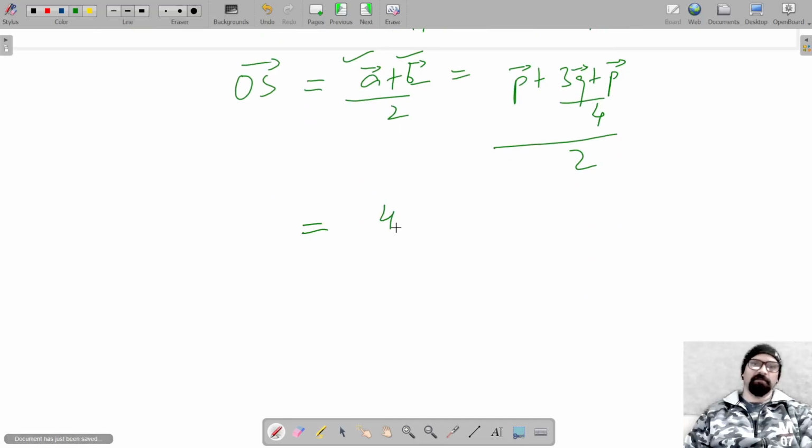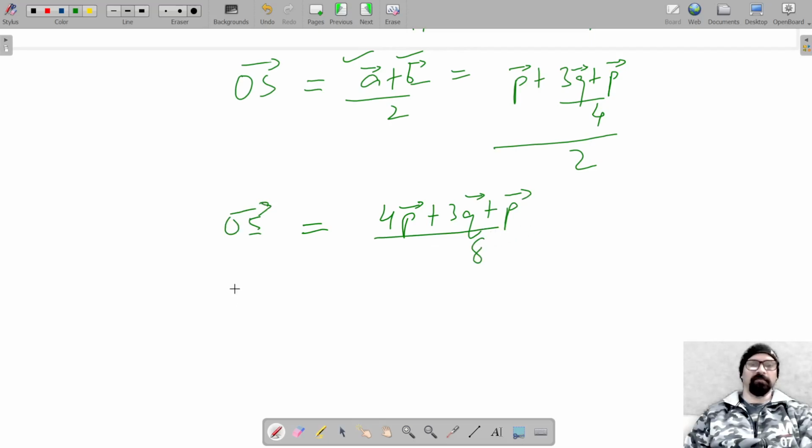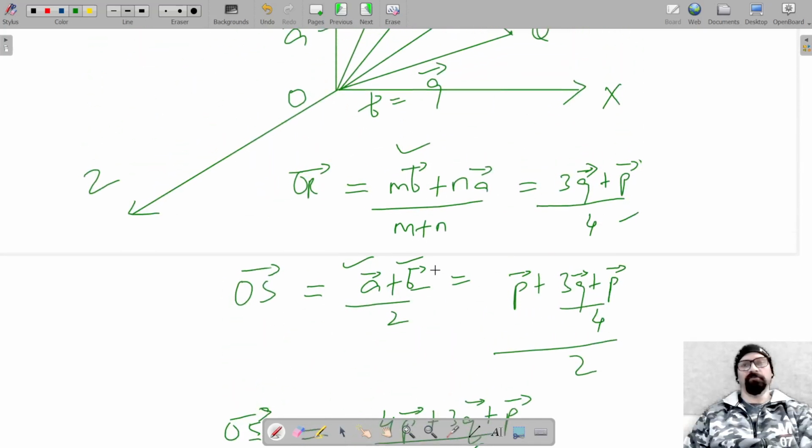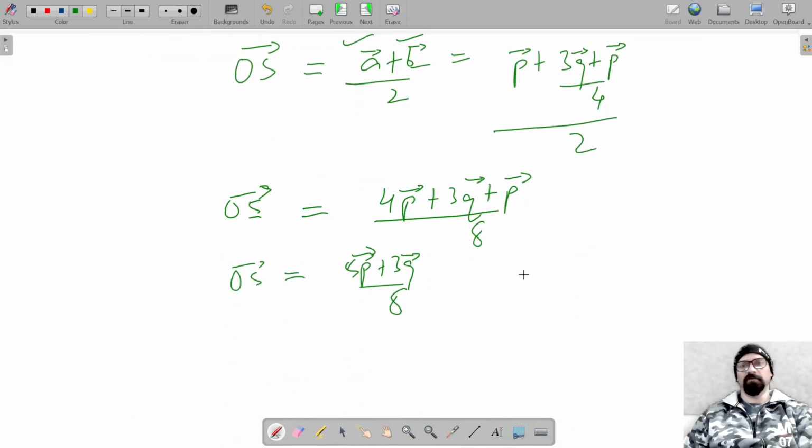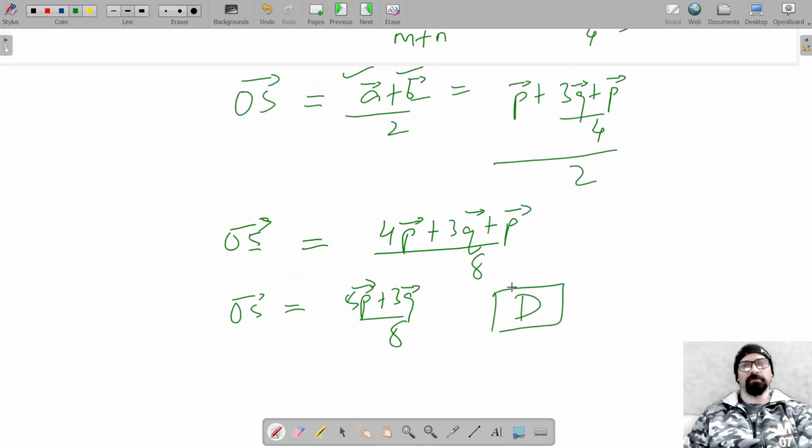And this is now 4P plus 3Q vector plus P vector upon 8. So this is the position vector of the midpoint S of PR. So 4P plus P is 5P vector plus 3Q vector divided by 8. So 5P plus 3Q divided by 8 is option D. So D is the correct option for this one.